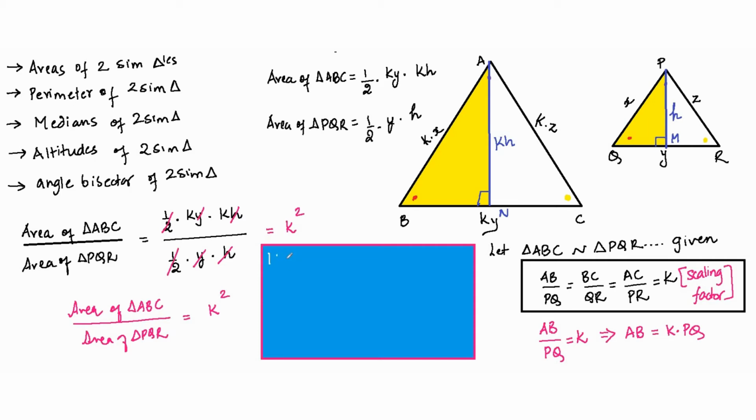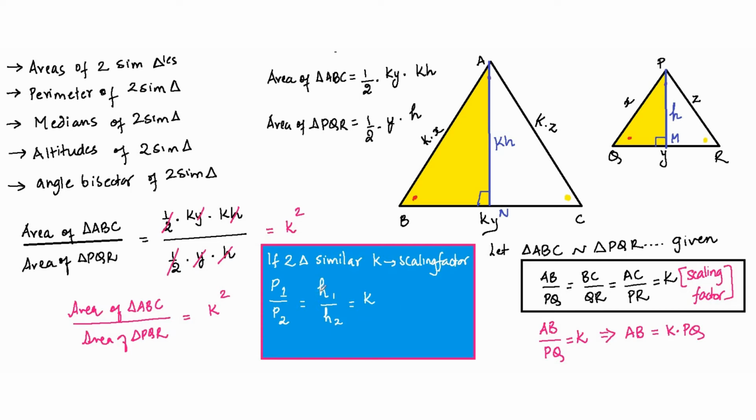So if two triangles are similar and K is the scaling factor, then the ratio of their perimeters, perimeter of triangle 1 by perimeter of triangle 2, is equal to the ratio of their corresponding altitudes, which is H1 by H2, which is nothing but K, right?